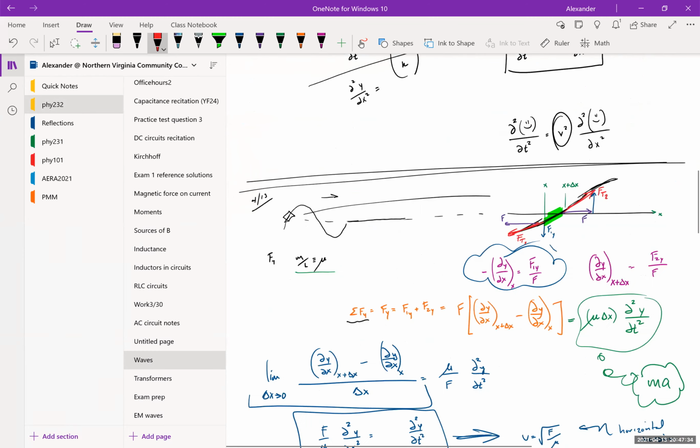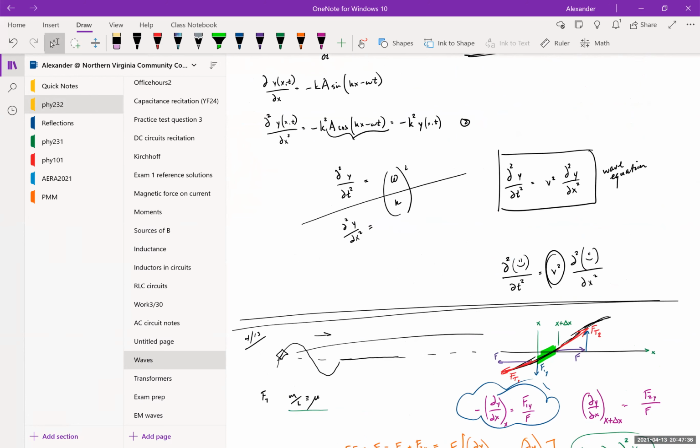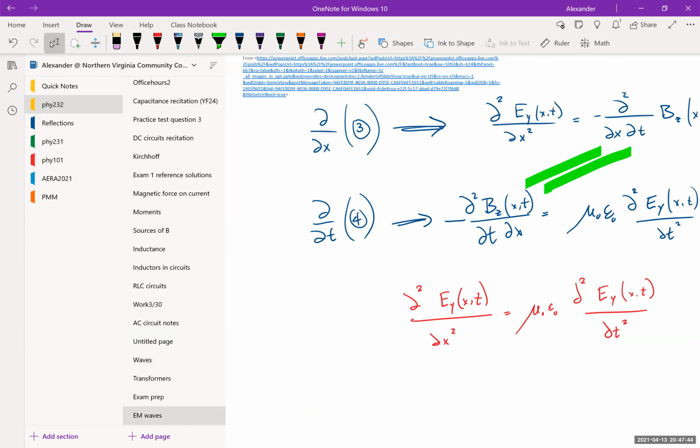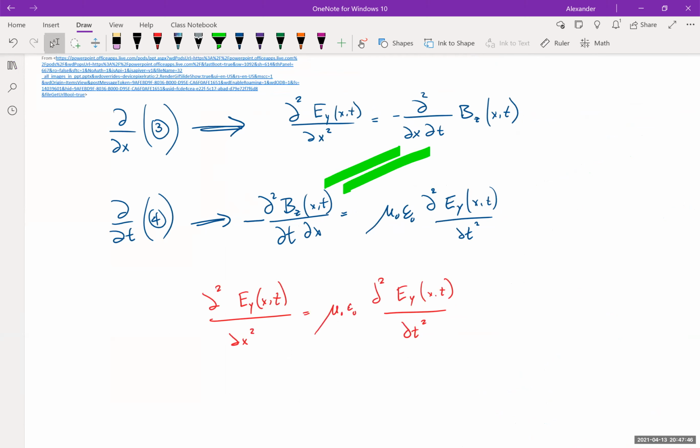Where'd that wave equation go? There it is. We had the partial with respect to time is equal to some junk times the partial with respect to x. So I gotta put the junk on the x side.